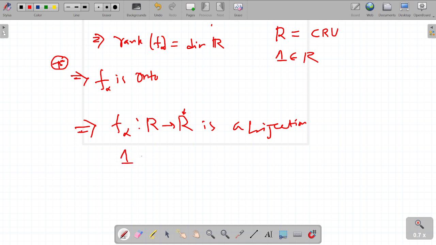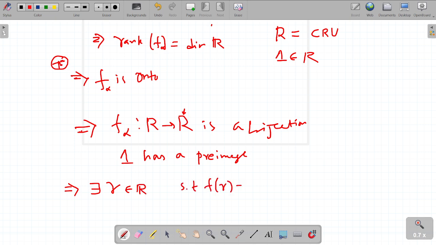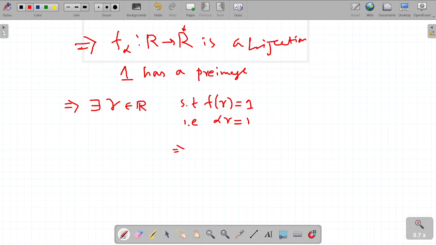This implies there exists r belonging to R such that f of r equals 1, that is, alpha r equals 1, which implies that r inverse exists.